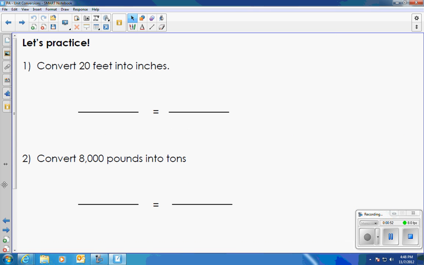So if we're going to convert 20 feet into inches, we're going to use this unit rate concept to come up with that. First, you want to put the bigger unit on the bottom. Feet is a larger unit, and we're going to put inches on top then. Whatever you put on top over there, you're going to put on top over here.